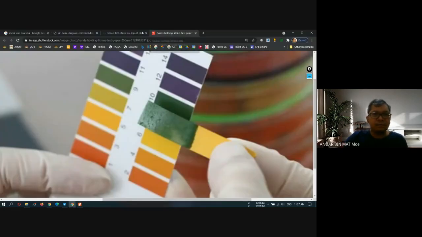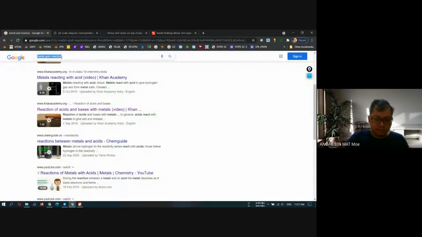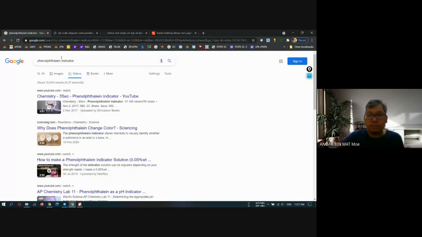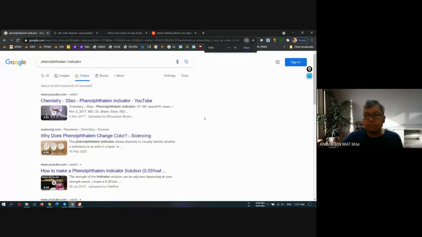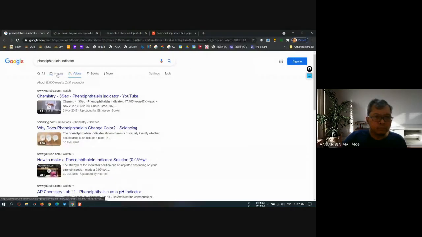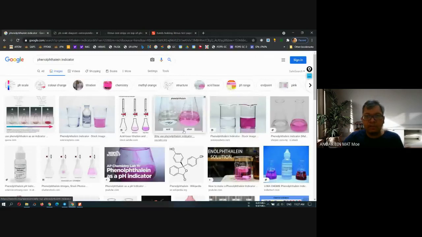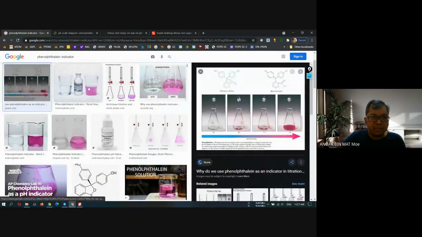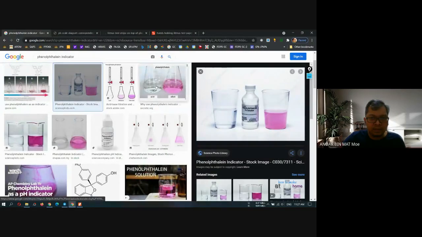This is phenolphthalein indicator, right?